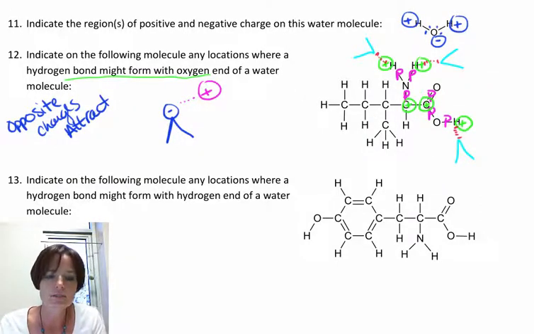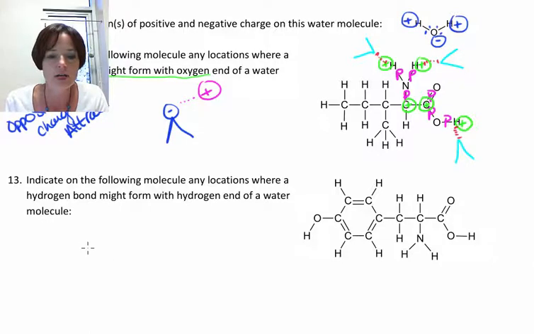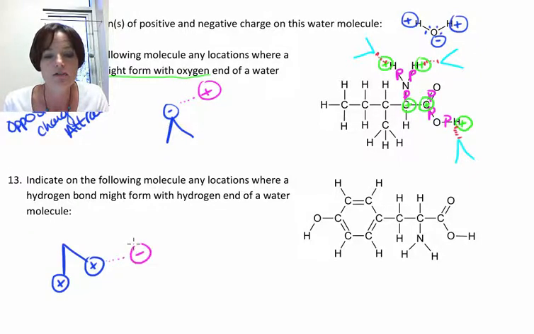If we look at the next one, we want to know the locations where a hydrogen bond might form with the hydrogen end of a water molecule. Well, it's a similar question, but for the hydrogen end, if we draw our water molecule again, the hydrogen ends have a positive charge to them, so they will be attracted to something that has a negative charge.